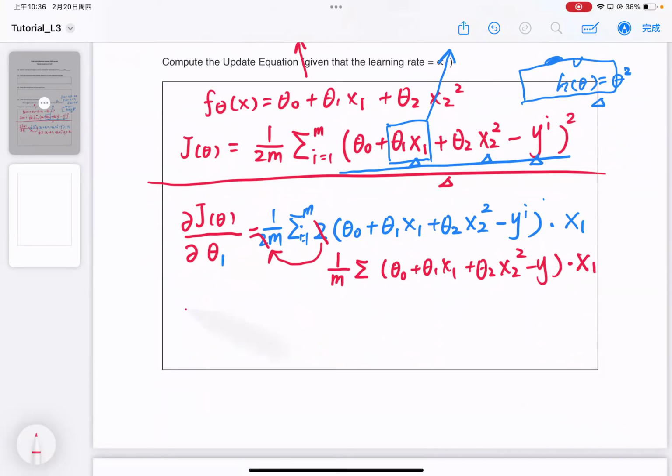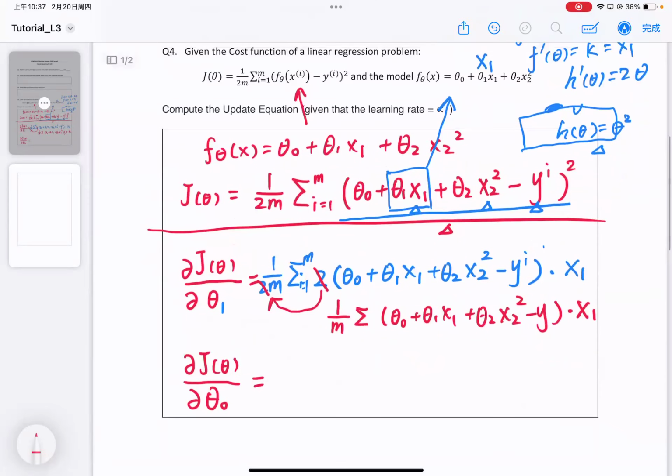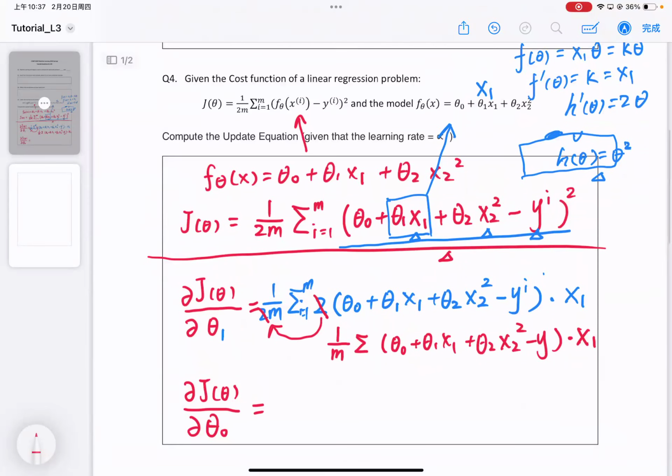And then we can calculate in the same way for the partial derivative of theta 0. When we are calculating the theta 0 part, the only difference is this term, right?